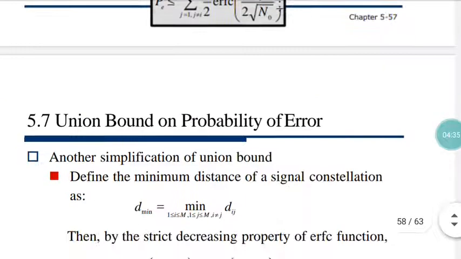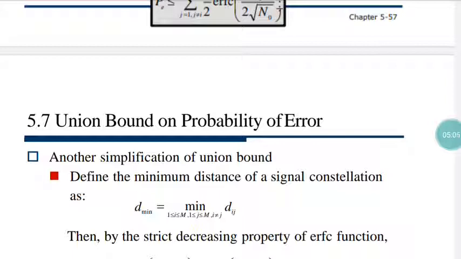Now, another simplification of the union bound is this. Define the minimum distance of a signal constellation as d min, the minimum over i and j lying between 1 and M with i not equal to j of dij, so we have to find the minimum distance.